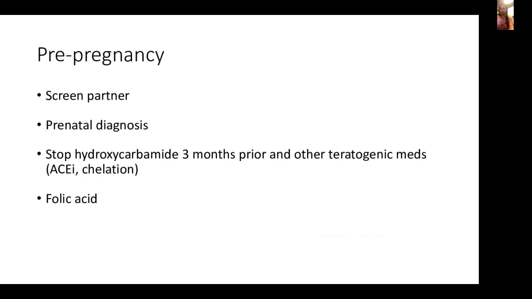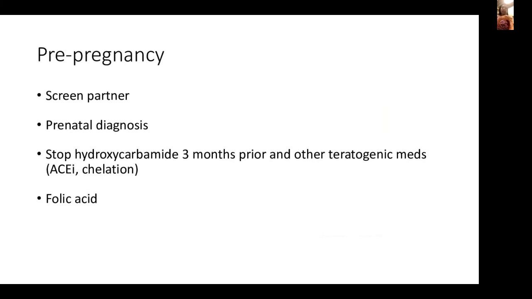Sometimes we can offer chorionic villus sampling or amniocentesis, but it's really important that patients with sickle cell get a referral to obs-gynae very early on in order to facilitate this, should they wish to go down that line of having prenatal diagnosis. If a couple already have a child with sickle cell disease, they can have pre-implantation diagnosis, but that is limited and has to be done in advance. So these are things to discuss.